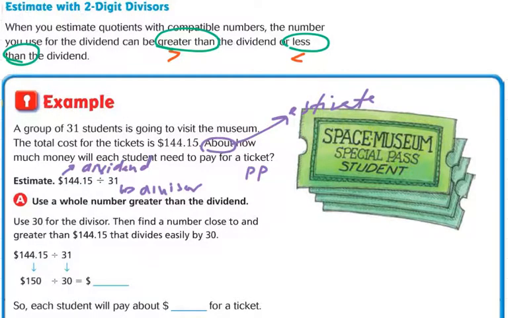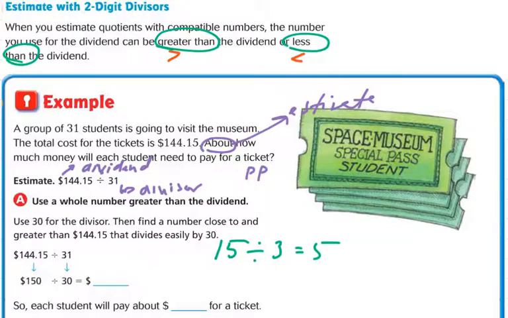So boys and girls, step A, we're going to use a whole number greater than the dividend. So we use 30 for the divisor because it's a nice compatible number, and then we find a number close to or greater than $144.15 that divides easily by 30. So we know that 150 would be a good number, because keep in mind 15 divided by 3 would give us 5.